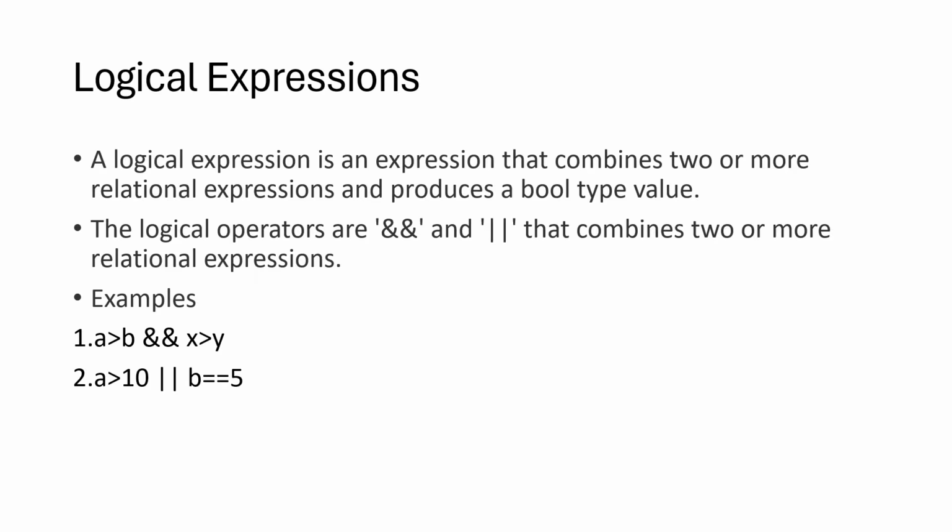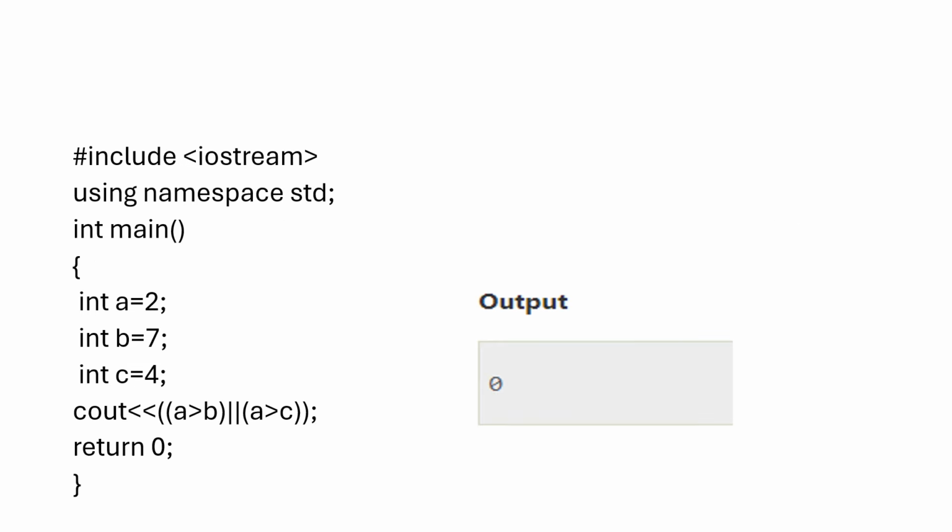The logical operators and, or combine two or more relational expressions. For example, a greater than b and x greater than y. These two are relational expressions, and in between is the logical and operator. In another example, a is greater than t or b equal to 5. These are relational expressions, and in between we have the logical operator or. So this is a logical expression.